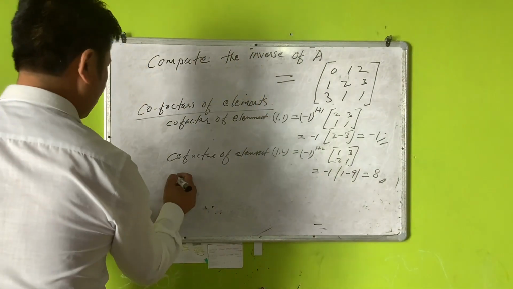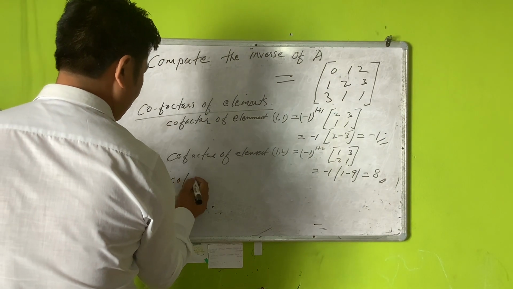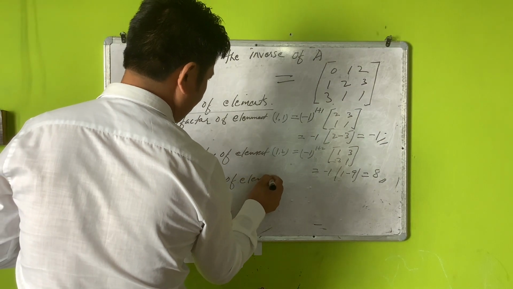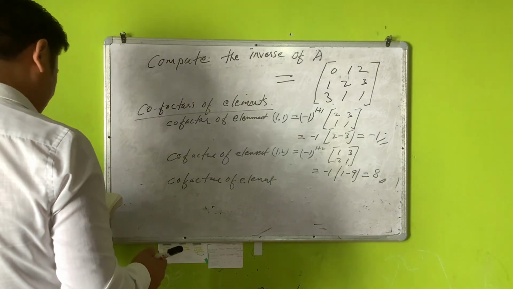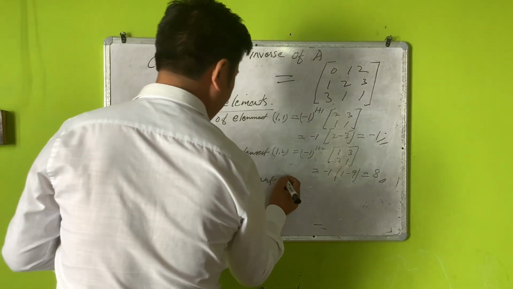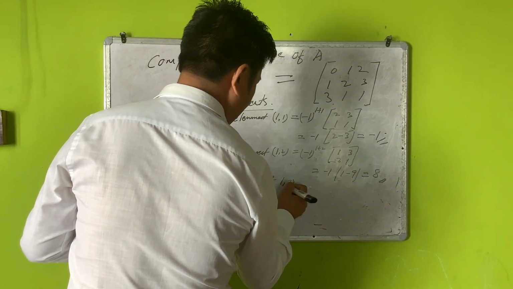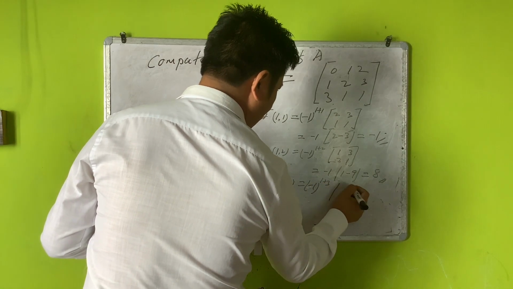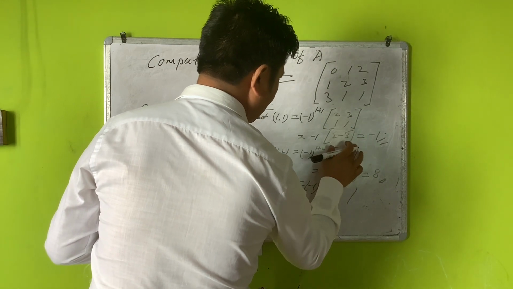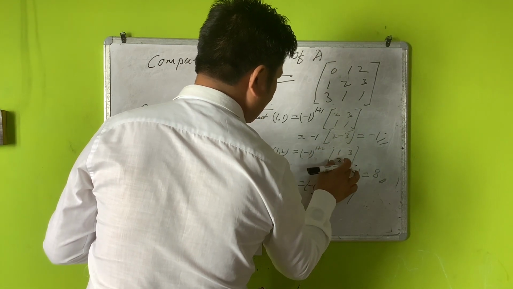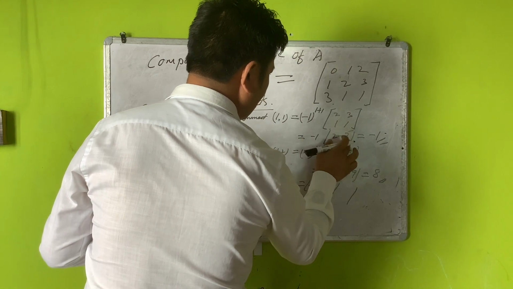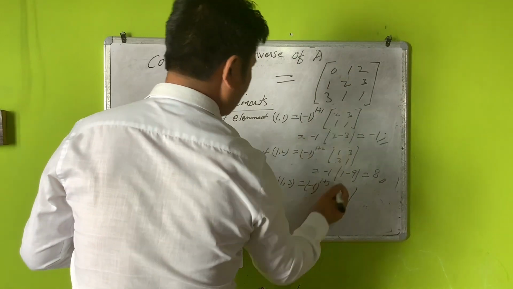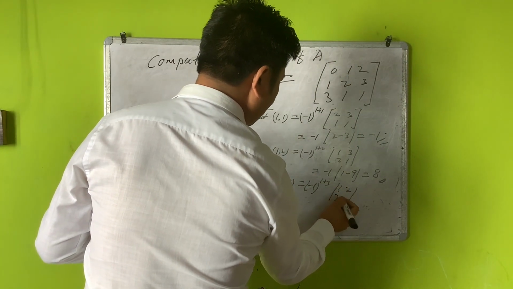Okay, now cofactor of element A13 is equal to minus 1 to the power 1 plus 3, times the determinant 1 2, 3 1.